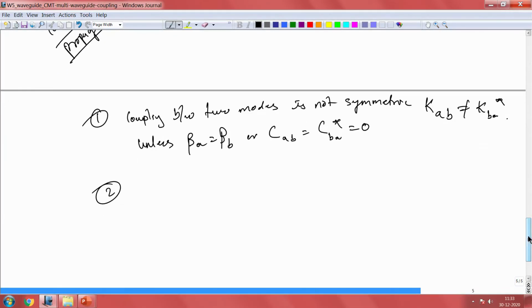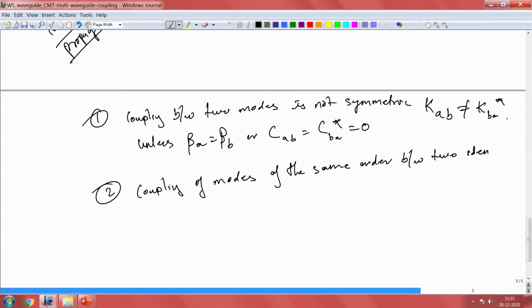So, let us drive that point. So, coupling of modes of the same order between two identical, this is very important, two identical waveguides is always symmetric.